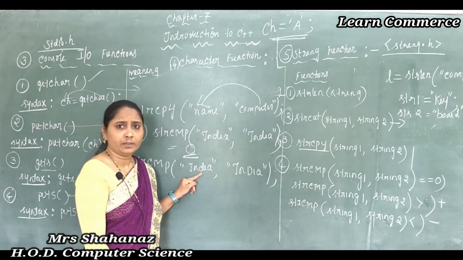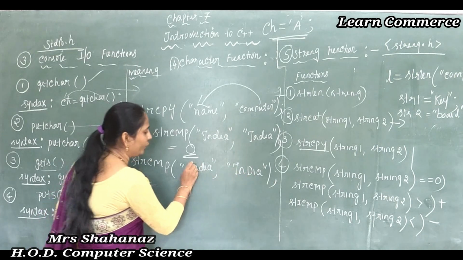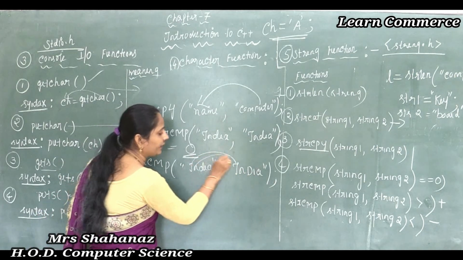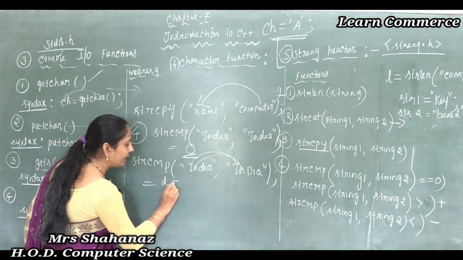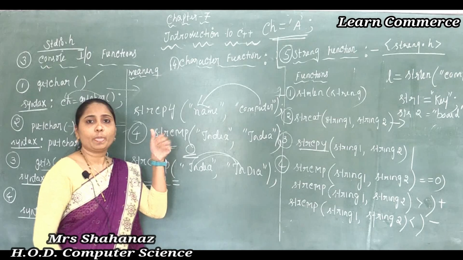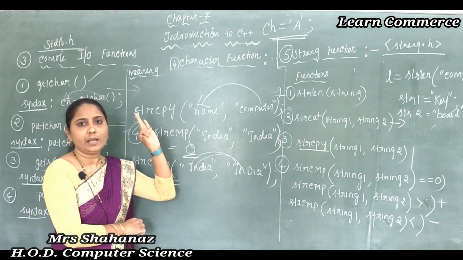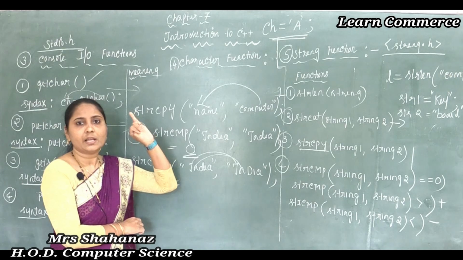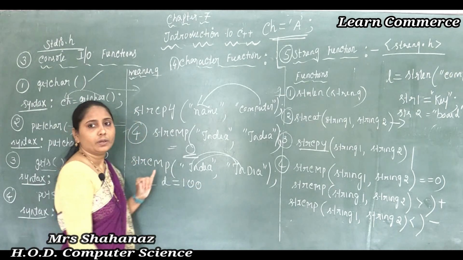So now let's see about this one. If string 1 is greater than string 2, so I, no comparison. N, there is no comparison. But when you take D, that is small letter A 97, small letter B 98, small letter C 99, small letter D 100. Okay, so I am done here.